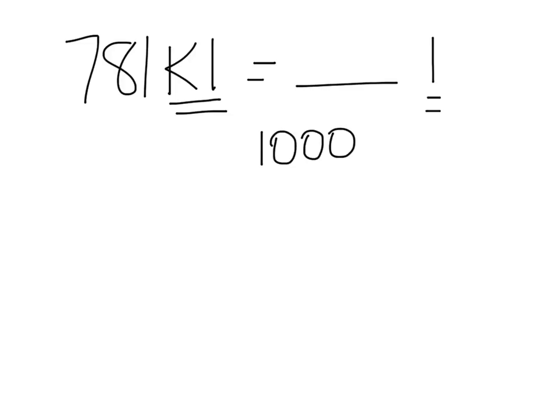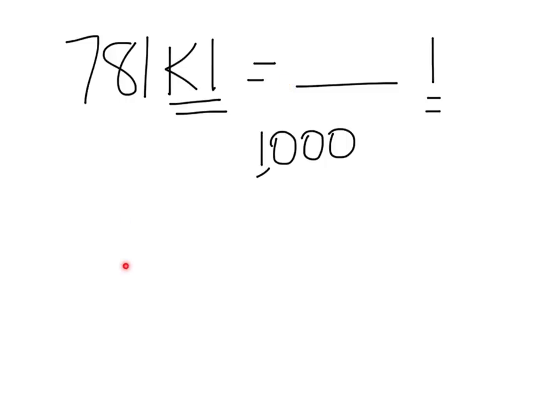Now for the final problem. 781 kiloliters equals how many liters? Again, are kiloliters bigger or smaller than liters? What do you think? Kiloliters are much bigger than liters. In fact, there's 1,000 liters in a kiloliter. So if I know that the kiloliters are much bigger, that means that this number here is going to be what? Much larger. So am I going to multiply or divide? Of course I'm going to have to multiply.